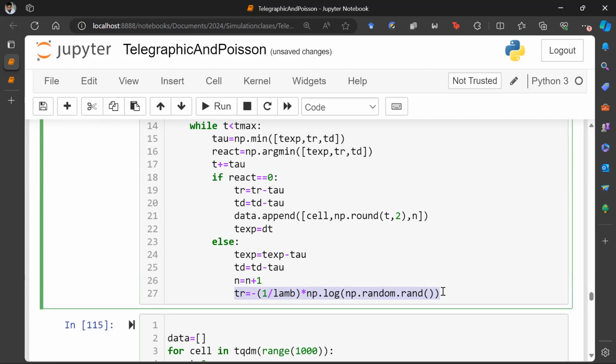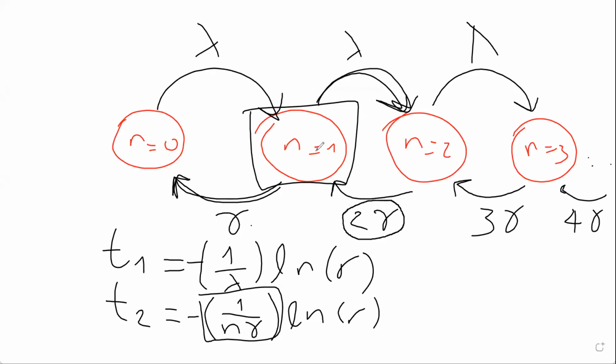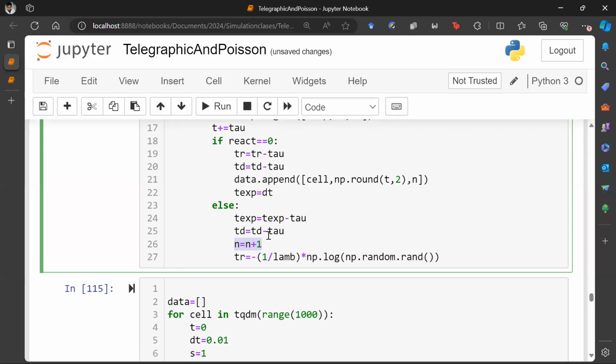So what happened here is that the rate of degradation depends on N, and N has changed. So this propensity has changed. I'm not here anymore, for instance, but I'm here. So my new propensity is now changed. Given that my new propensity changed, I have to calculate everything again.